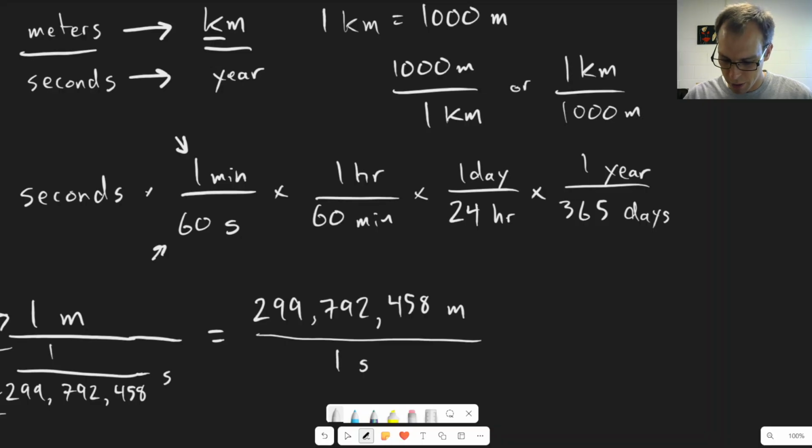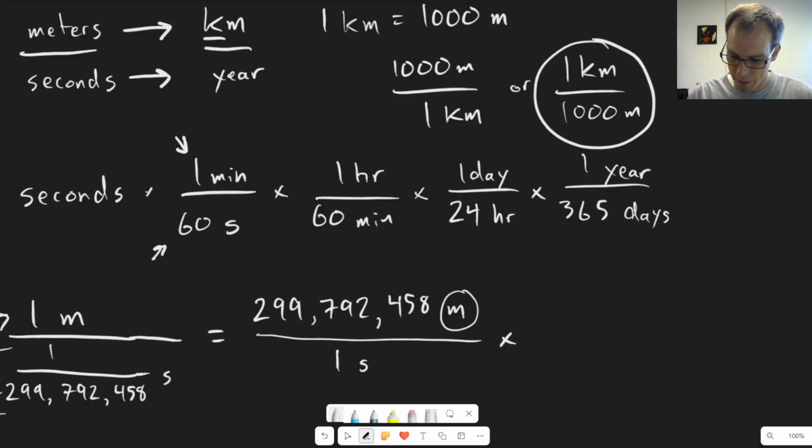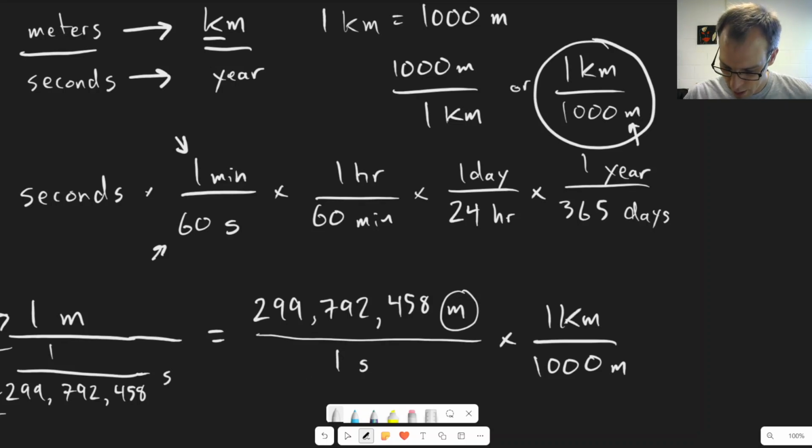Now we need to take our desired unit, and that's the unit we don't want. We don't want meters anymore. So we need our unit conversion up here where meters is in the denominator: 1 kilometer over 1,000 meters. Then that'll give us how many kilometers in a second.